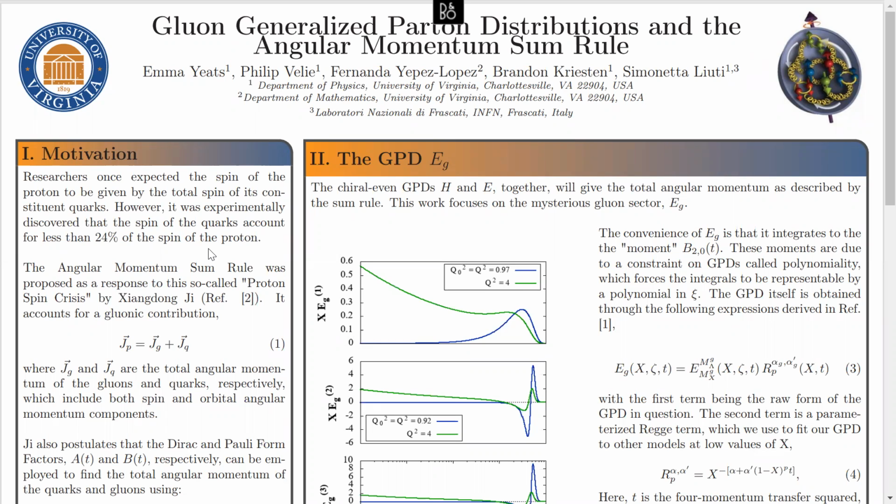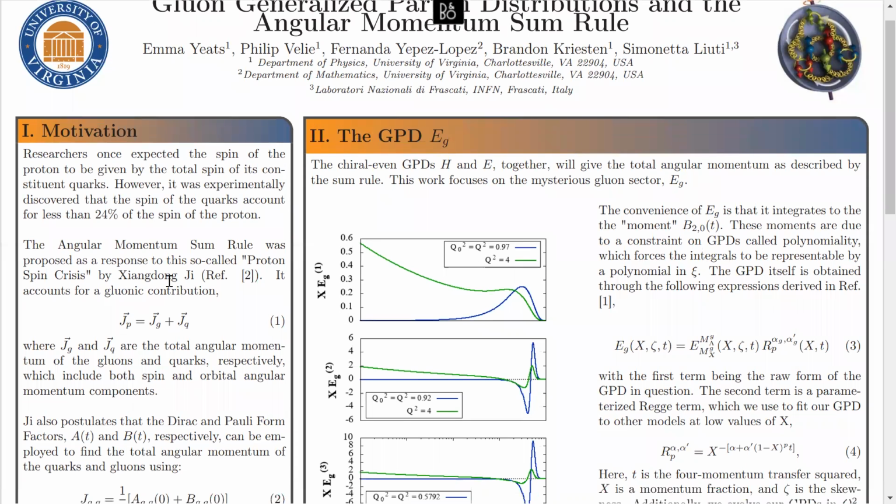In response to that, Ji made this equation one, which basically says that we also need to take into account the spin of the gluons, as well as the orbital angular momentum of the gluons and the quarks.